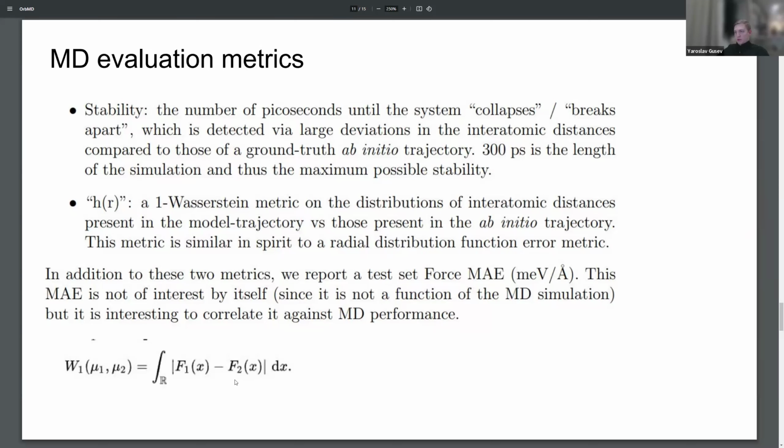If the distributions are the same, this metric will be zero, and if those distributions are different, then it will be larger, some other value.